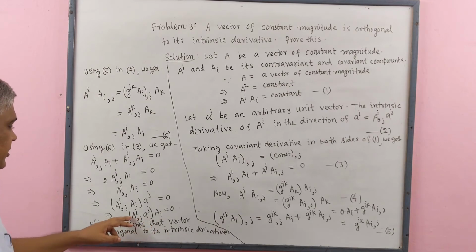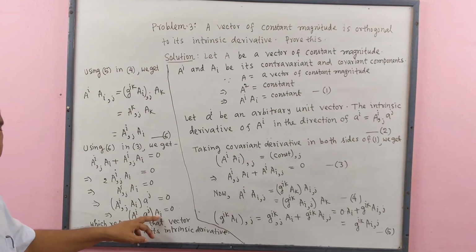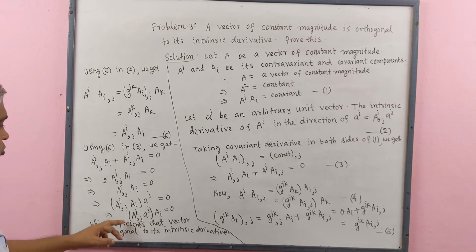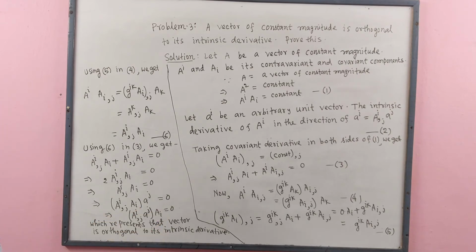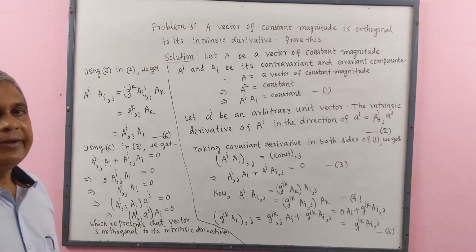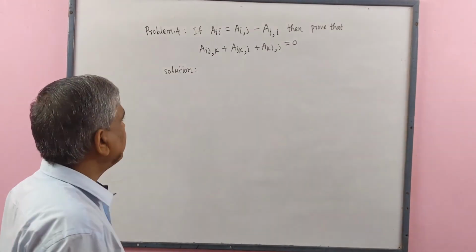It is intrinsic derivative and this a_i be the covariant component of the original vector. So multiplication of this equal to 0. Hence, multiplication equal to 0. That means vector is orthogonal to its intrinsic derivative.